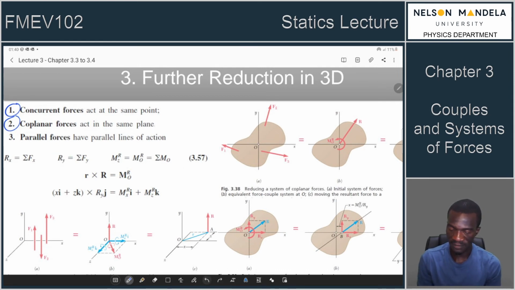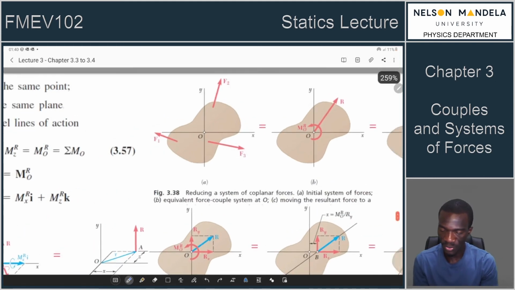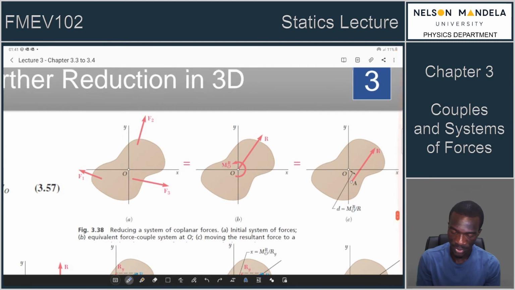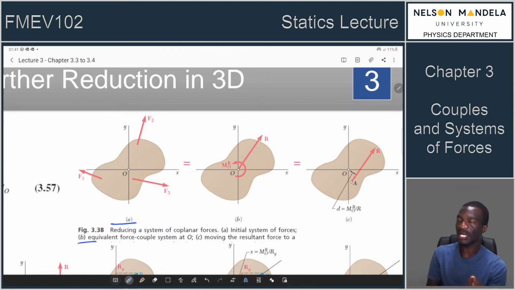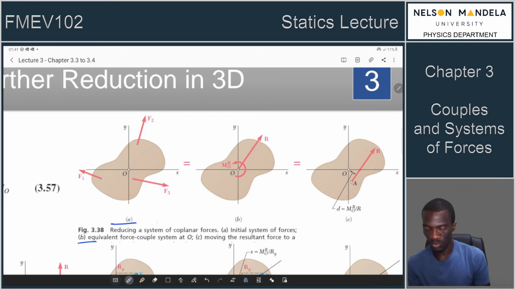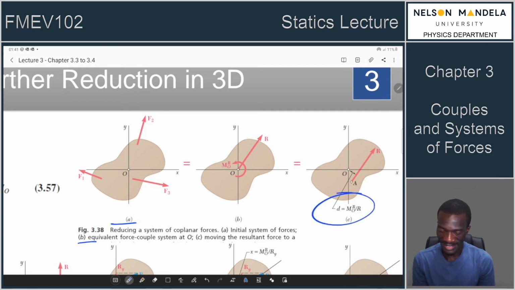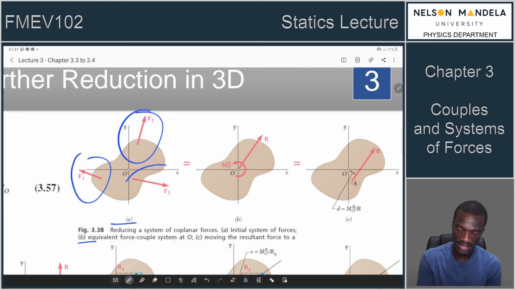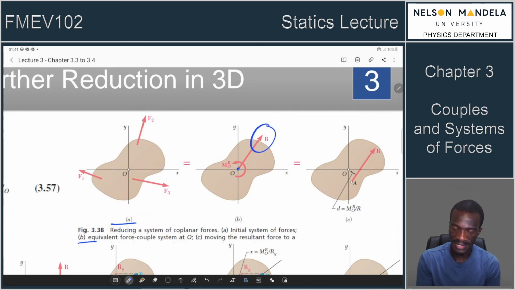So equation 3.57 is trying to assist us to interpret what is happening in figure 3.38. We can reduce a system of coplanar forces where we have an initial system of forces, and then we can have an equivalent force-couple system at O, and then we can displace the resultant to get the same turning effect. So we have just moved all these forces to the same location so that we can get a single resultant.